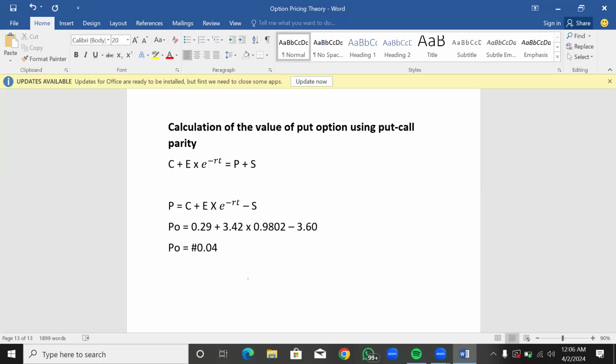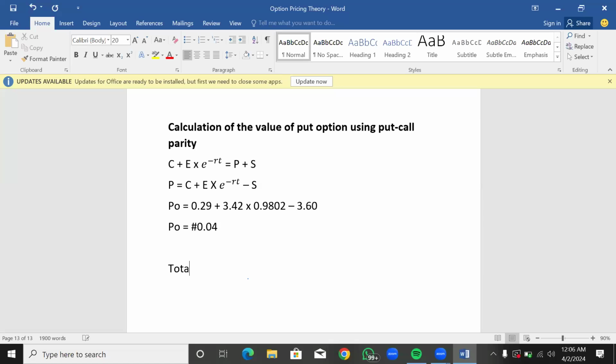So what you will now do is come here and say your total value of put option is equal to your put price per share, multiplied by the number of shares.